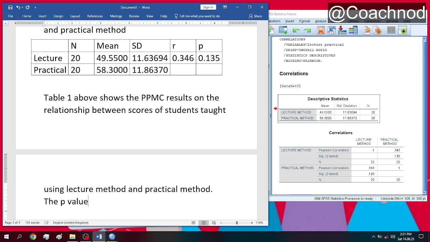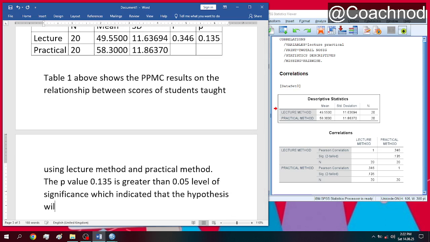The p-value 0.134 is greater than 0.05 level of significance, which indicated that the null hypothesis, don't forget, null hypothesis, always put it, negative hypothesis.